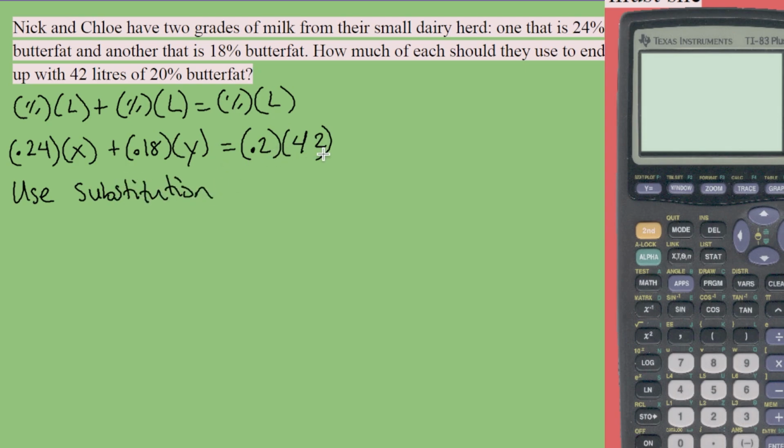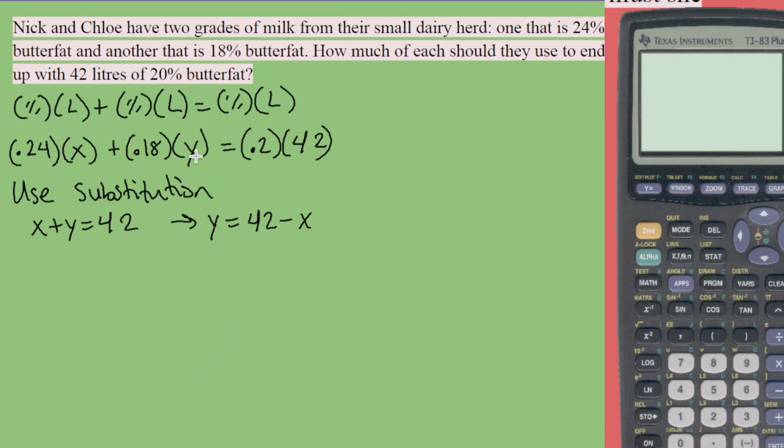And it's hidden here in the 42. The 42, if you remember from the other examples, that is x plus y. So I know that x plus y equals 42. How does that help me? Well, I can rewrite this in terms of x. I could say y equals 42 minus x.